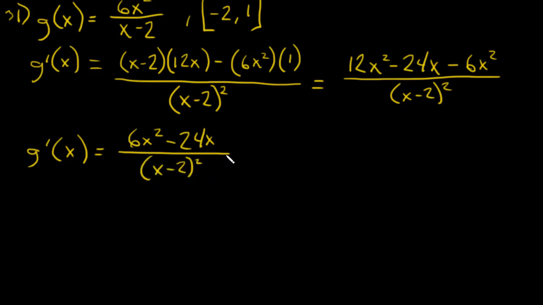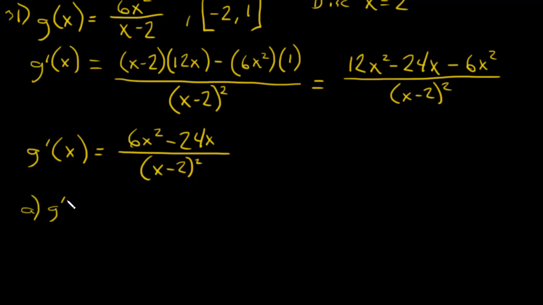Okay? Now, here's the deal. The original expression had a discontinuity at what? X equals 2, right? But that is not inside of our domain, so we don't have to worry about that value. Inside of our domain, looking at this expression right here, are there any discontinuities?